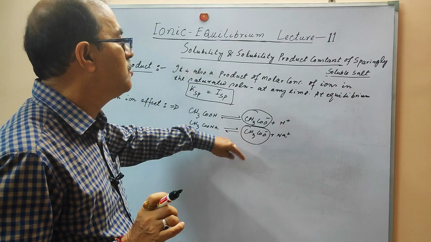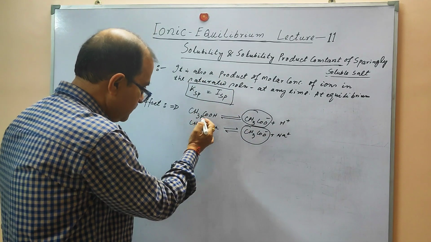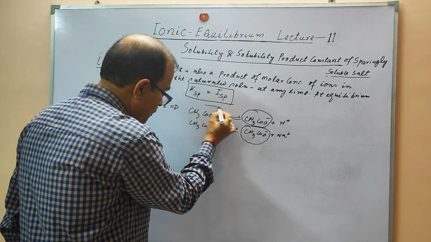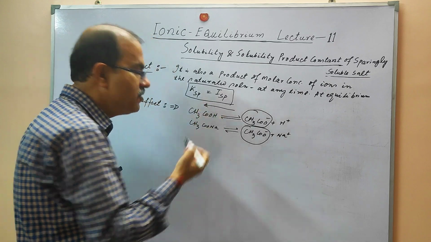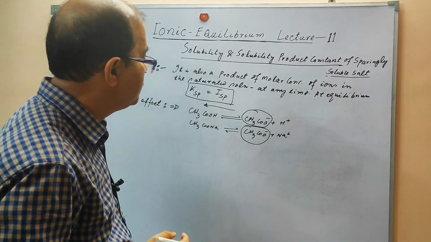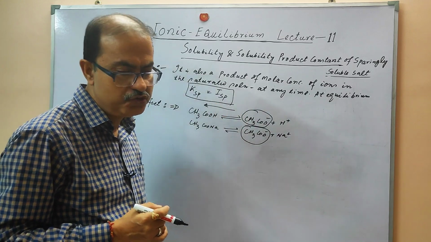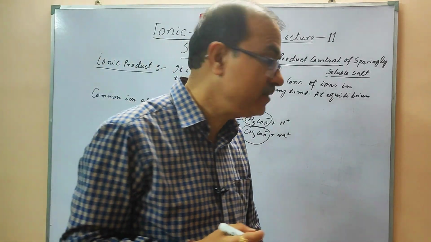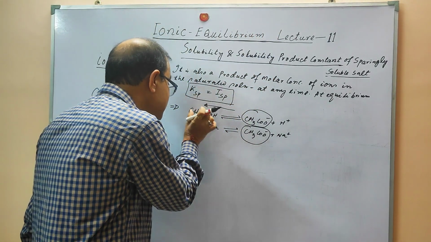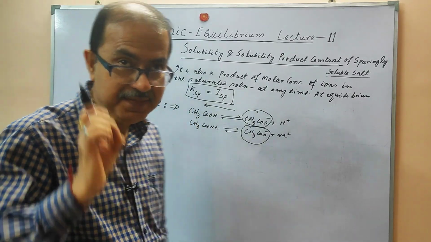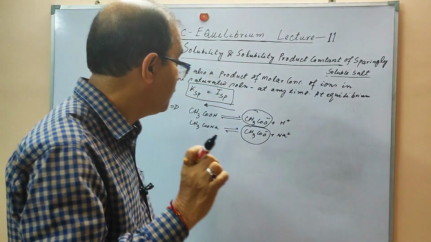When the concentration of acetate ion increases, this reaction will go in the reverse direction. Then the dissociation, or ionization, of the acetic acid will be suppressed, and that is called the common ion effect.